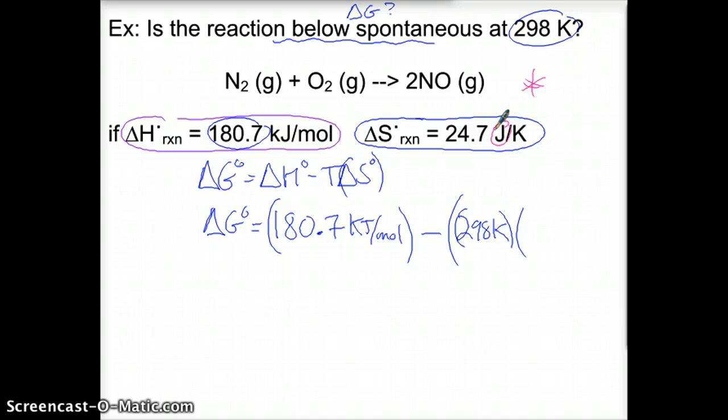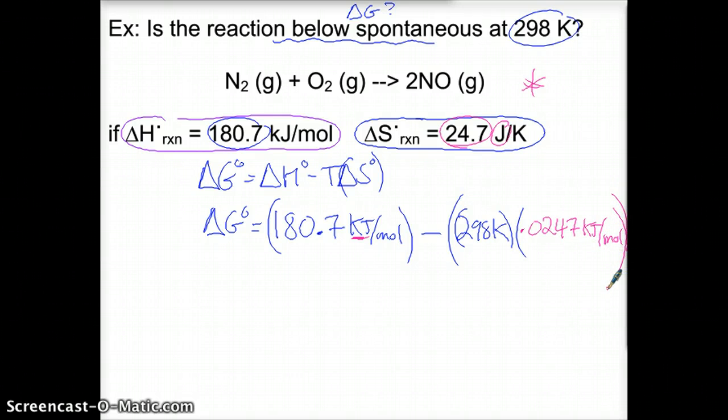So you need to convert this into kilojoules before you plug it in, because the enthalpy is given in kilojoules. So I need to divide this number by 1,000. If I divide it by 1,000, I get 0.0247 kilojoules per mole.